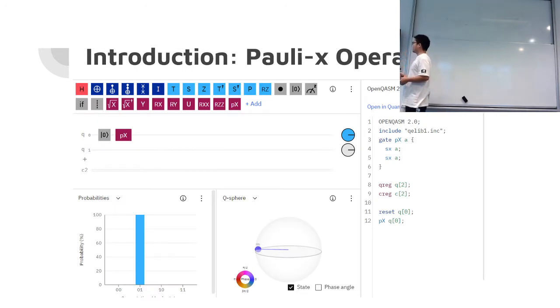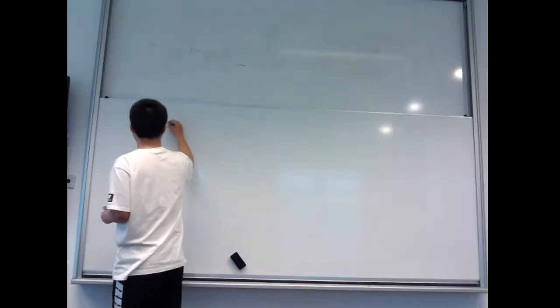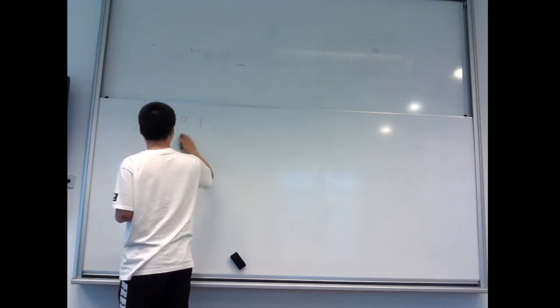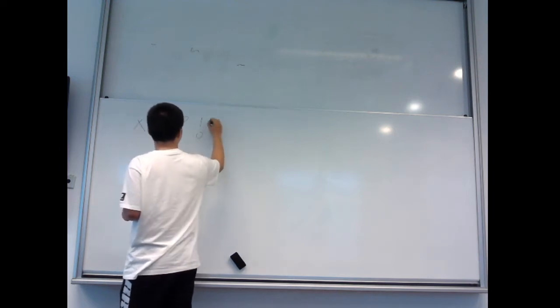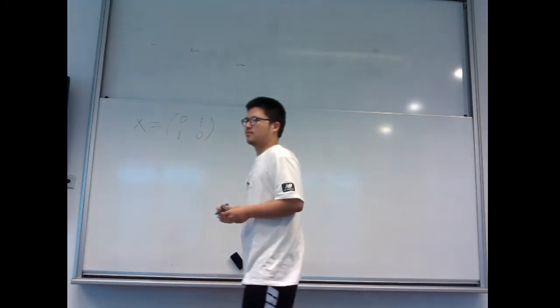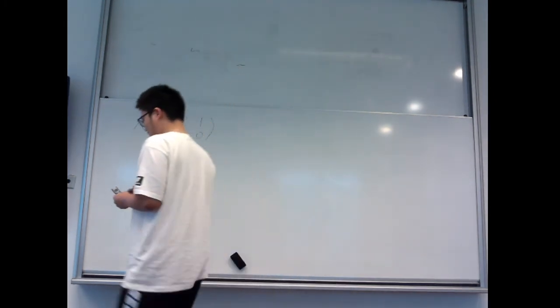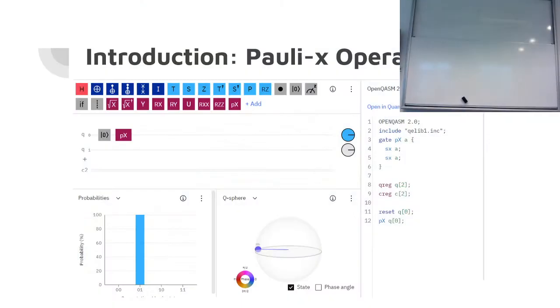So in my quantum circuit, I use a Pauli X operator, which is simply this matrix. I think it's actually equal to the NOT matrix here, which is this.